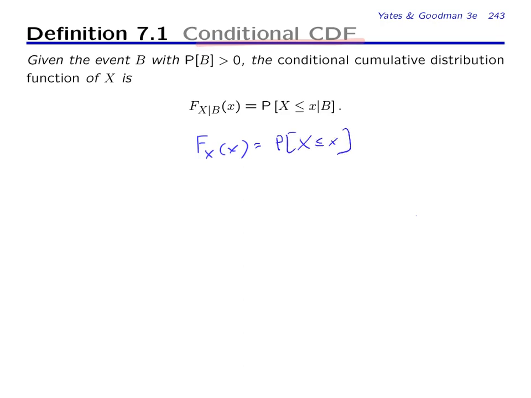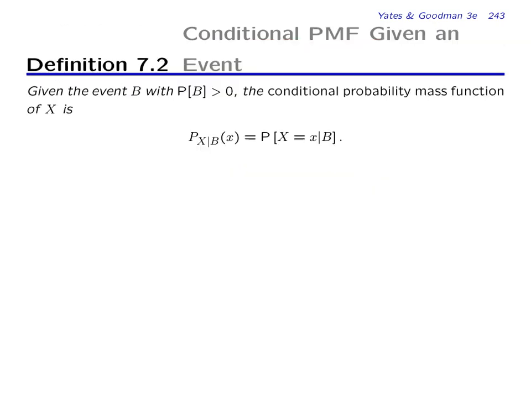After we learn that event B has occurred, X has a new CDF, and we call it the CDF of X given B, and it's simply the conditional probability that X is less than or equal to x, given that B has occurred.